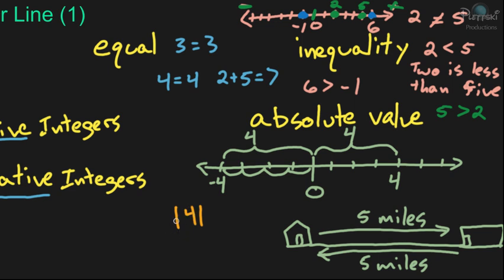So you would read this as the absolute value of 4, and that's going to equal 4. And then you could also write the absolute value of -4 would also equal 4. And you can add other things like the absolute value of -10. The absolute value of -10 would equal 10, because -10 is 10 units away from 0.